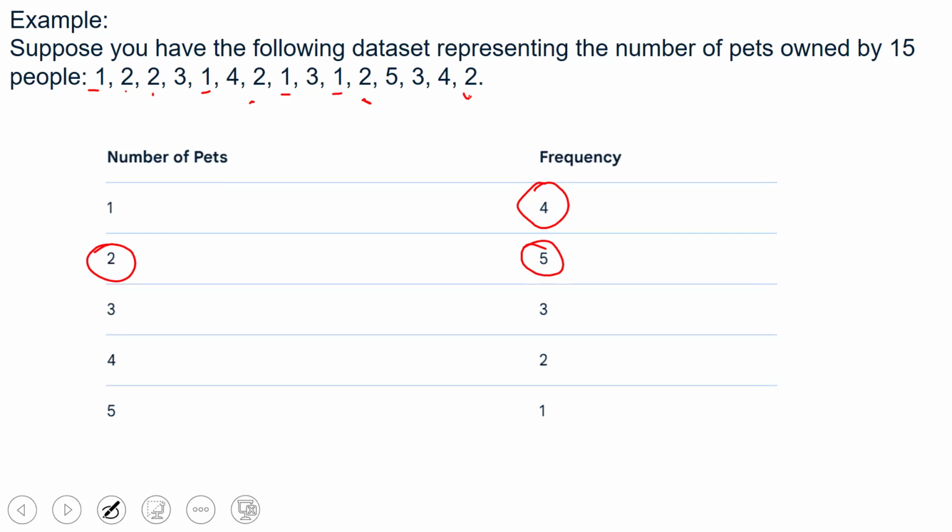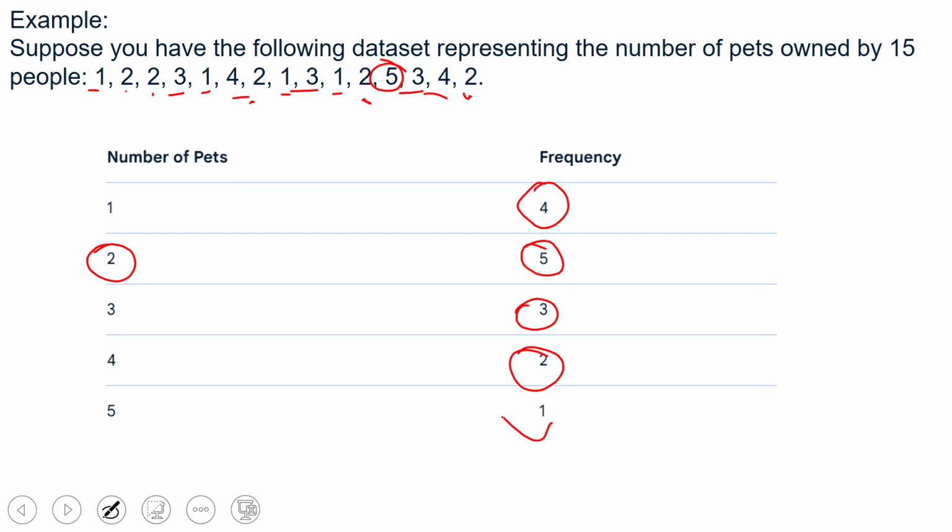So that is how we have this. And then 3 as a data point, we have 1, 2, 3. That is why we have this 3. Then 4, we have 1, 2. That is why we have this. Then 5, how many? It's only 1. So that is why we have this.